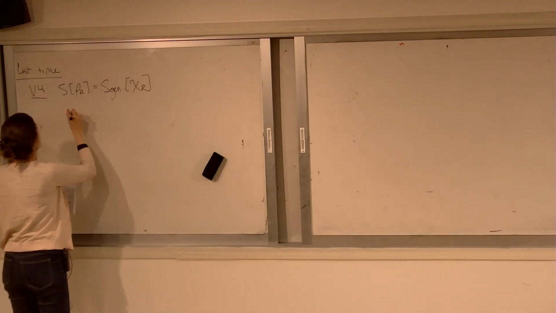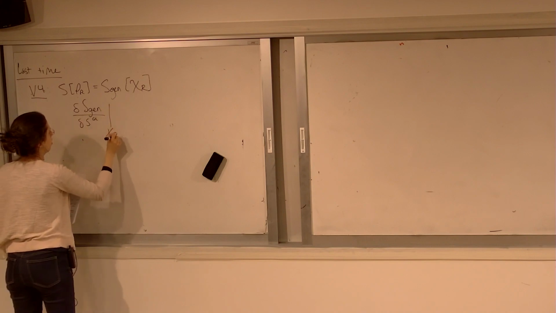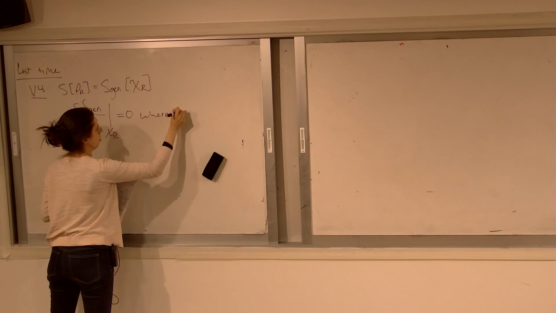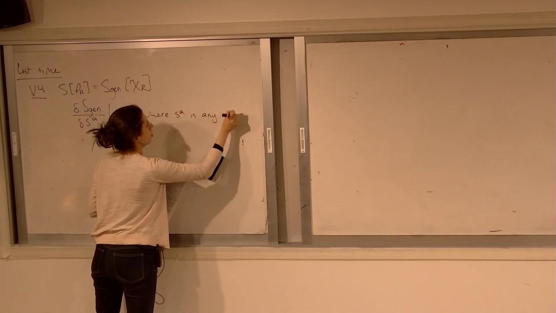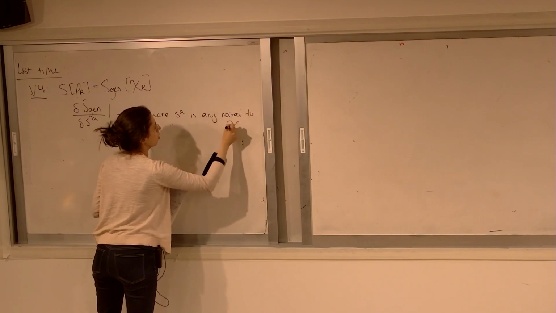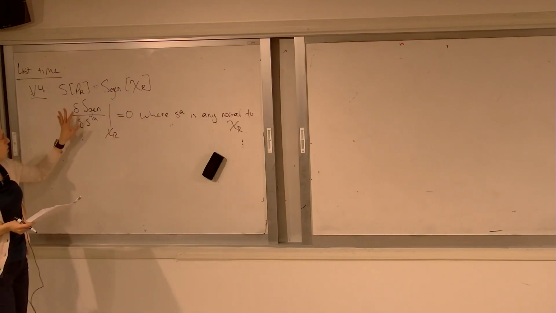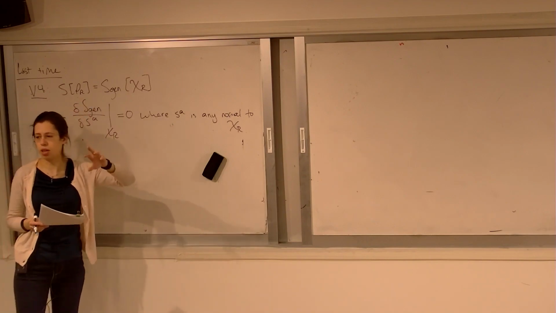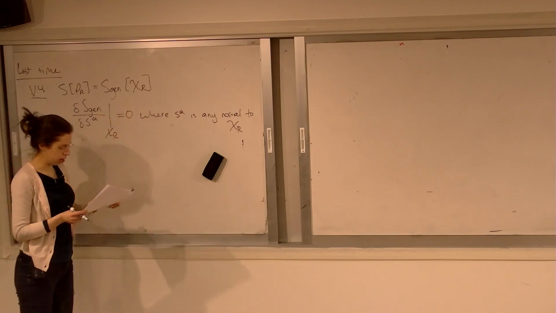So delta S gen, delta SA equals 0, where SA is any normal to chi R. And of course S gen is the generalized area plus the von Neumann entropy on one side of this surface chi R.